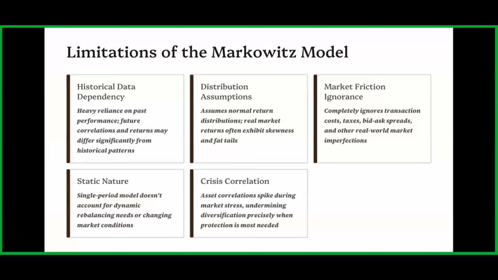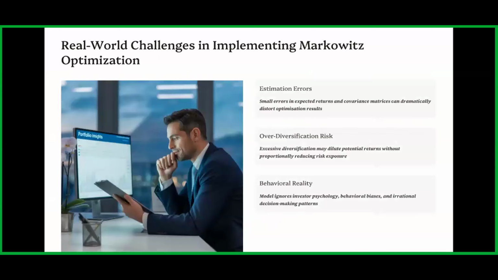Markowitz gives the model theory for normal market conditions, not for crisis conditions, some natural calamities, or situations like COVID-19. In those conditions, what an investor needs to do is not clearly told by the Markowitz portfolio management theory. So this is all about the Markowitz portfolio management theory.